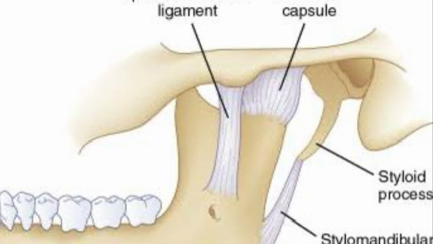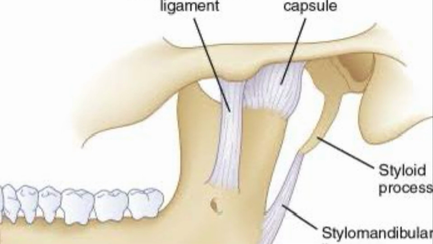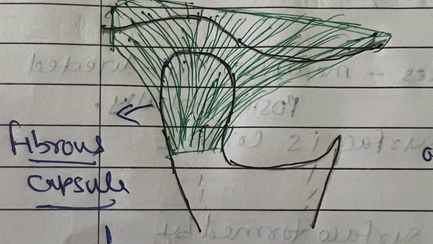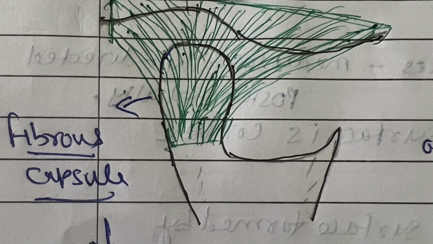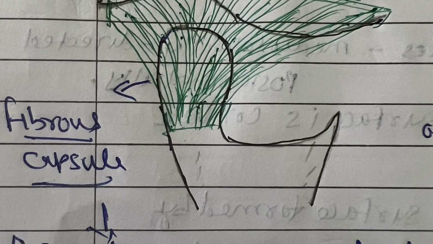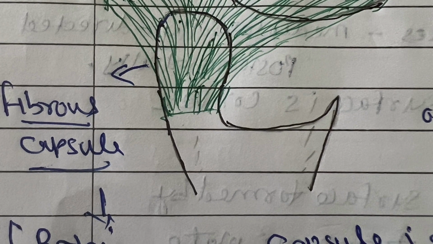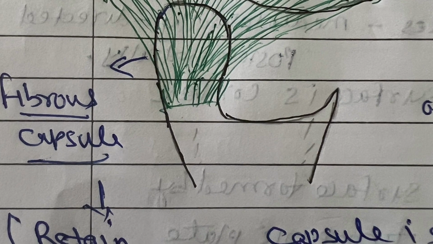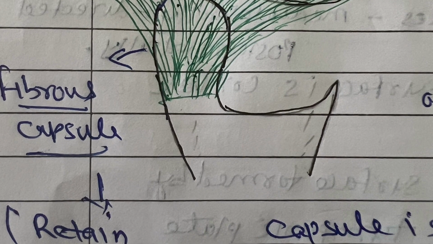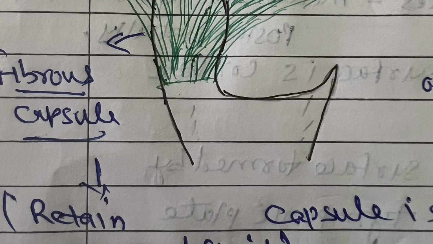This capsular ligament retains the synovial fluid inside the TM joint. It is loose in the upper compartment and tight in the lower compartment. And the synovial membrane lines the inner aspect of this fibrous capsule.